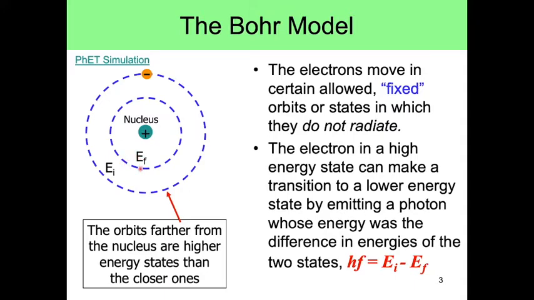You see, the potential energy of these two orbits is different. EI is greater than EF, but the energy has to be conserved before and after the transition. So by falling down to the lower energy level, this electron releases the difference of the energy between these two energy levels in the form of photons.